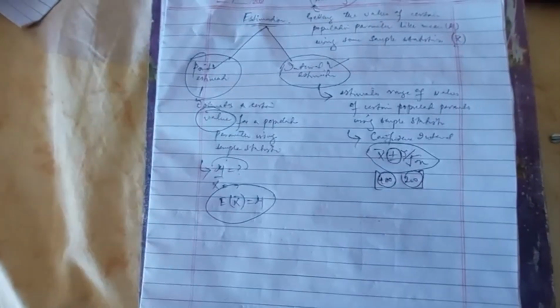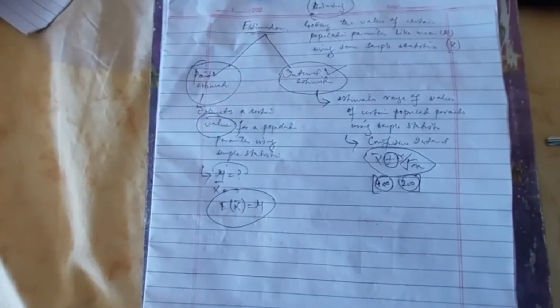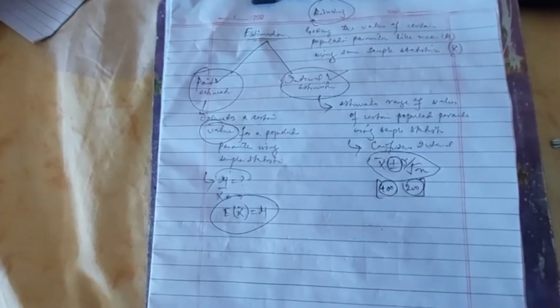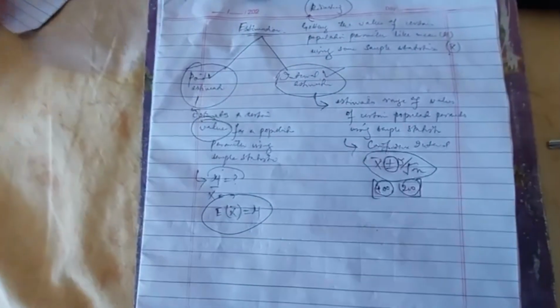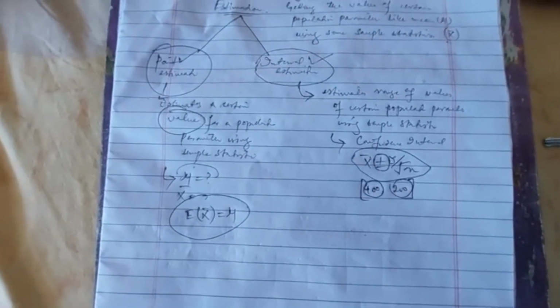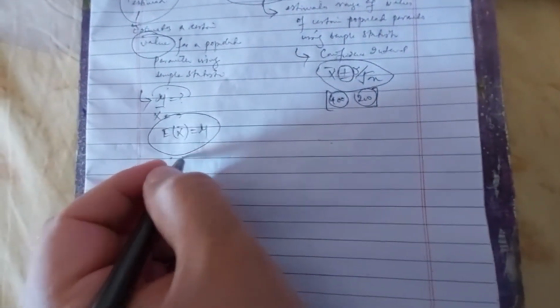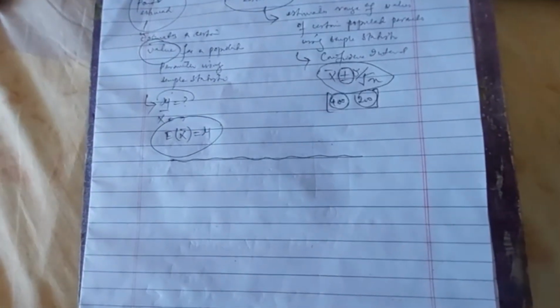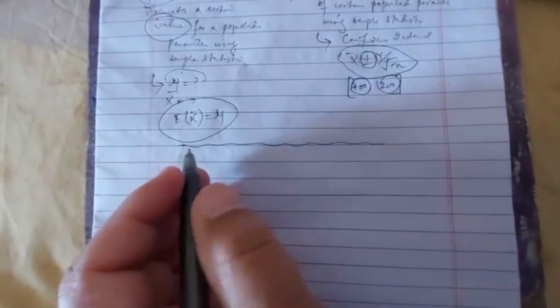This large population value cannot be easily determined because it requires rigorous work and time, which is not possible for a statistician. So what statisticians do is they use the sample data. Now I will explain sample statistics, population and sample data.